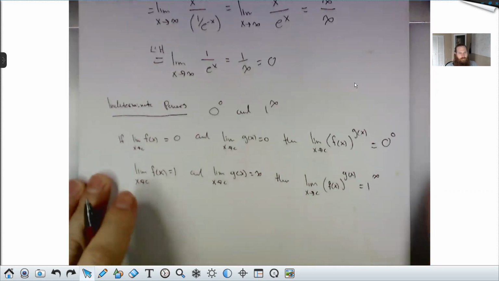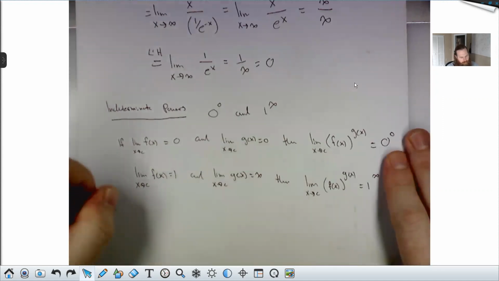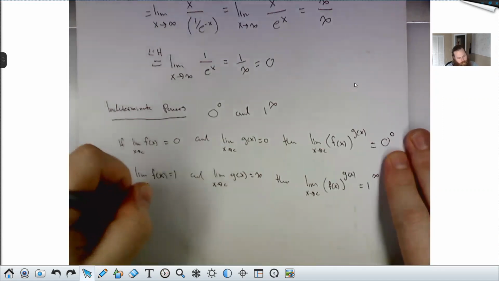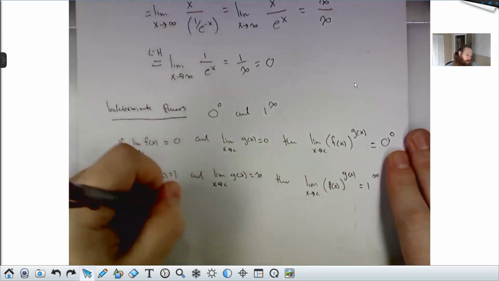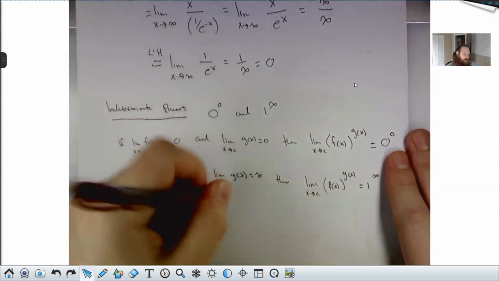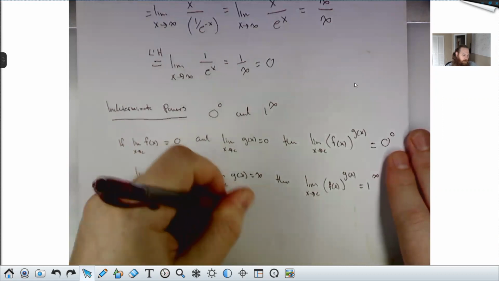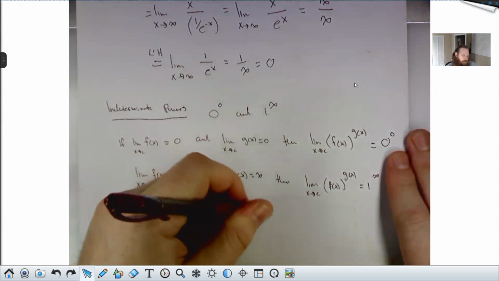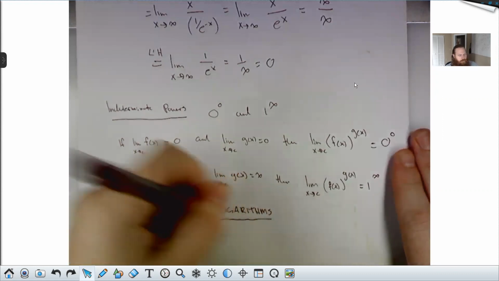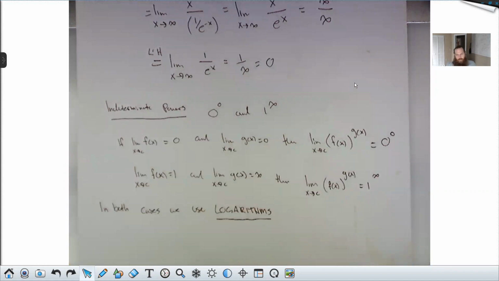In both cases, we use logarithms. So there's a reason why we harp so much on logarithms. They're so useful, right?